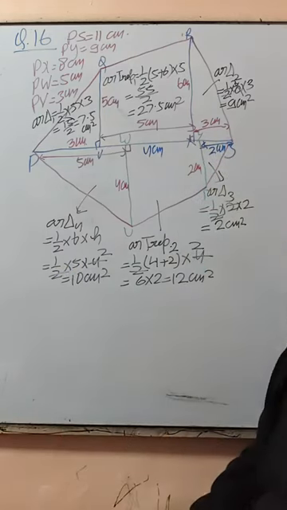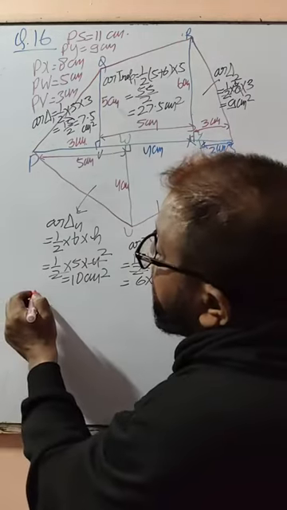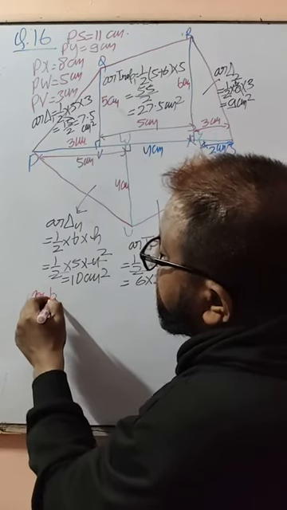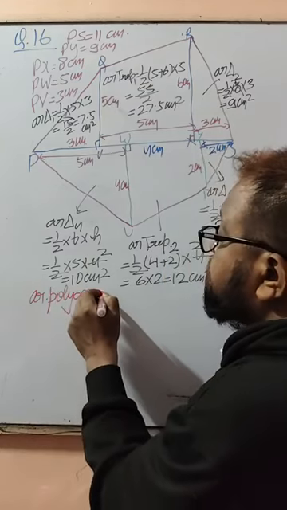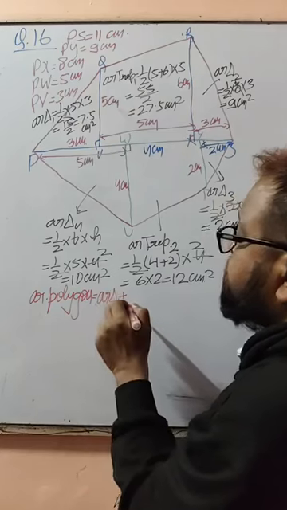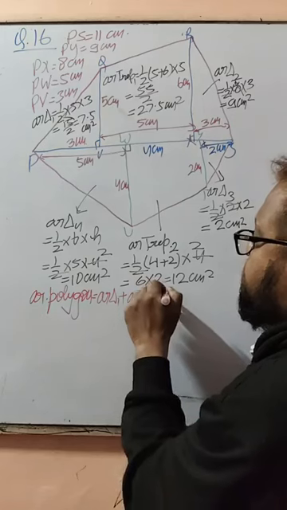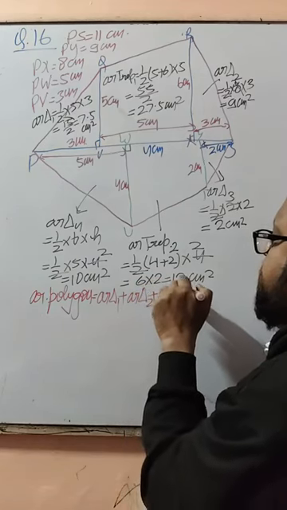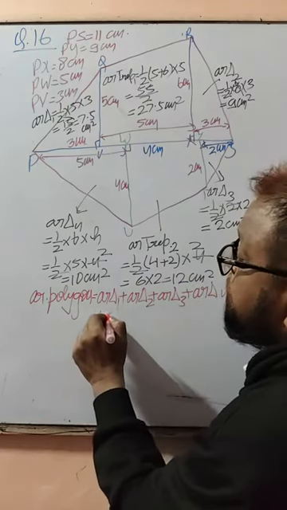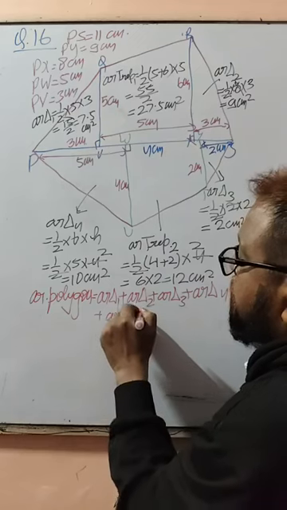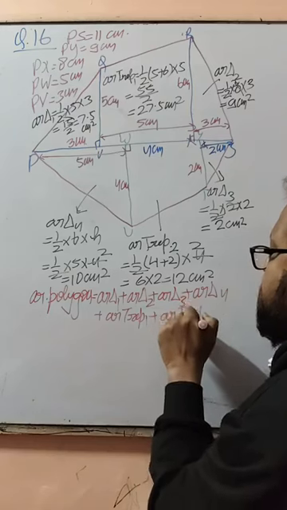Yes, sir. Now, area of polygon is equal to area triangle 1 plus area triangle 2 plus area triangle 3 plus area triangle 4 plus area trapezium 1 plus area trapezium 2.